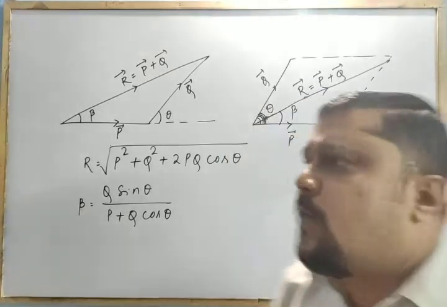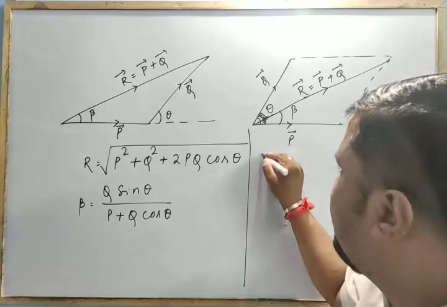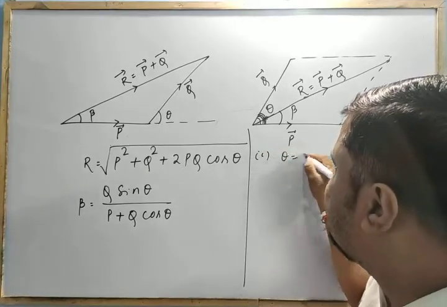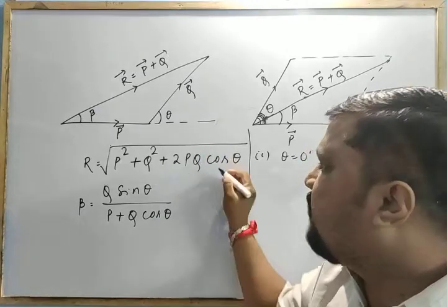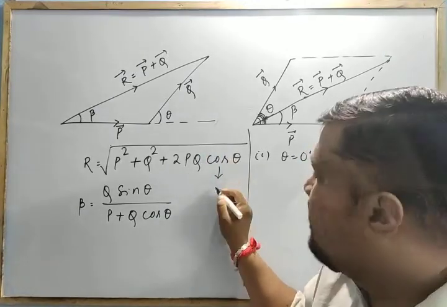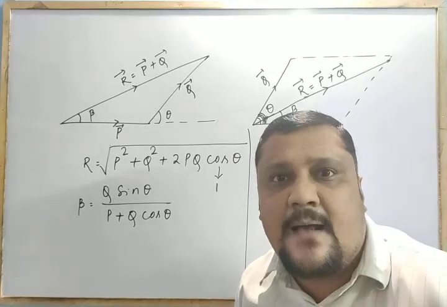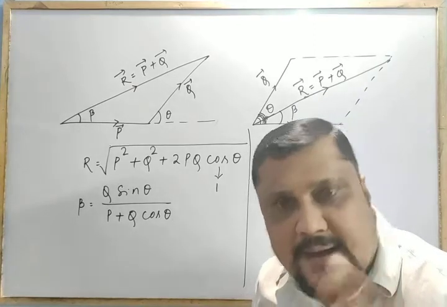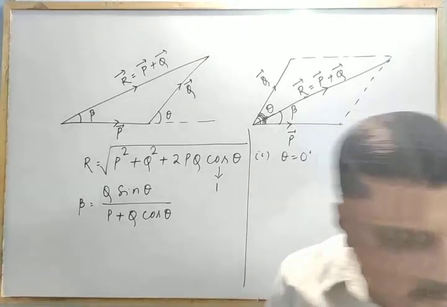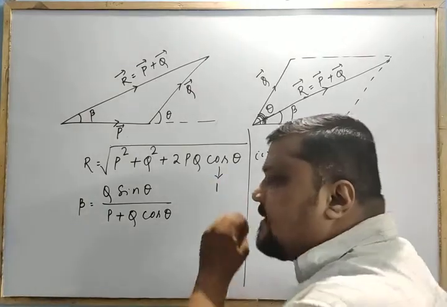Under what condition is the resultant maximum? Case 1: if theta is equal to 0. Why? If theta is equal to 0, this will give you cos 0, the maximum value, 1. What is the maximum value of cos theta? 1. Clear?